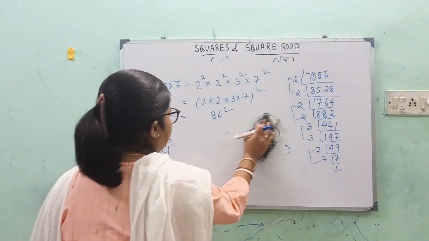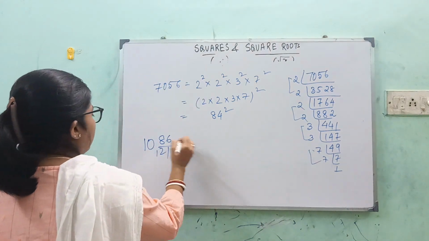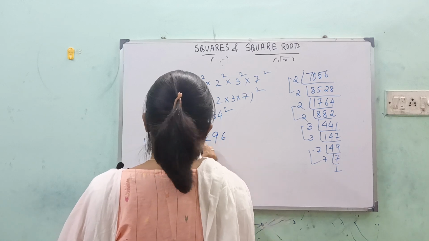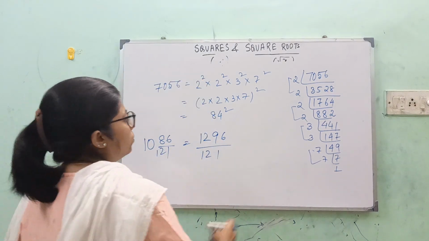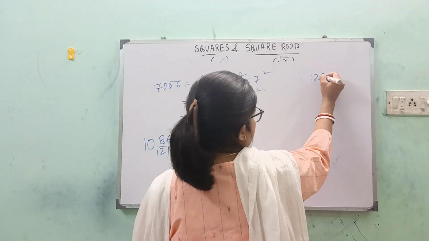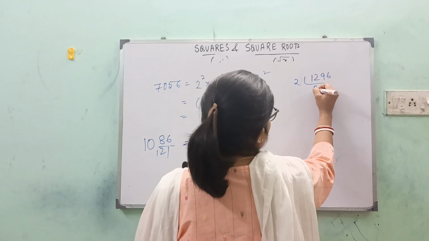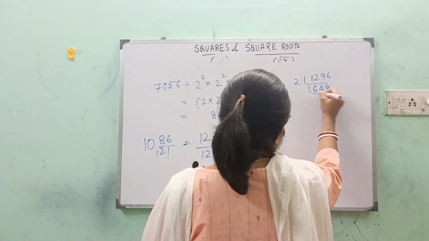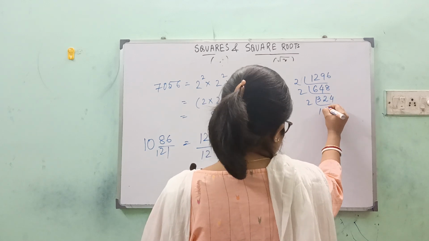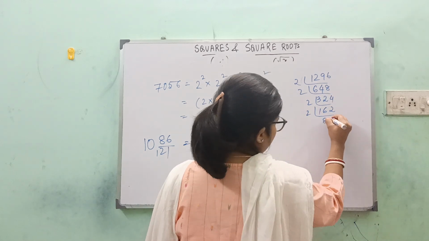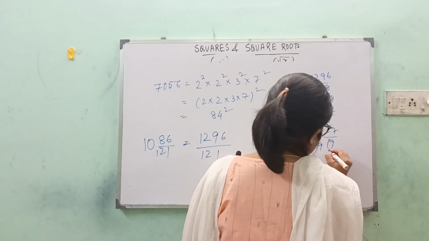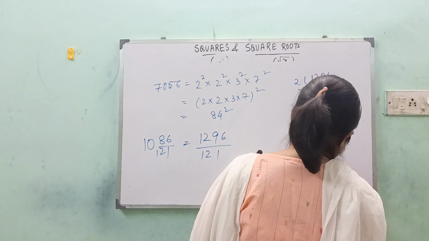Say for an example, this sum. If you convert this mixed number into an improper fraction, you will get 1296 by 121. So if you find the prime factorization of 1296, it is 648, 324, 162, and so on.